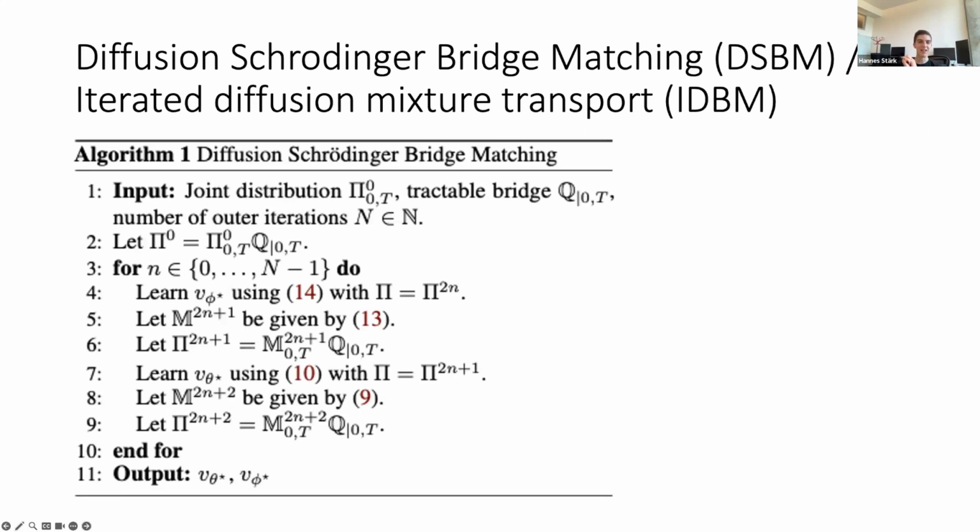It basically says if we have solved OT, then we can solve OT for training a Schrödinger bridge. Yes, that's true. Yeah, but in this diffusion Schrödinger bridge matching thing, we actually solved the OT problem eventually, in a new OT solving way.